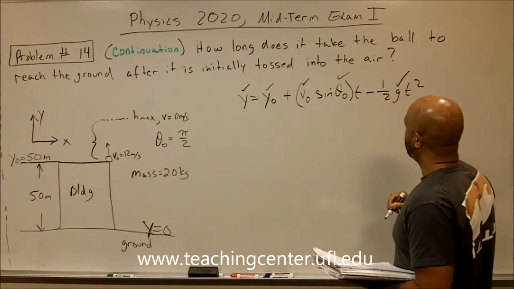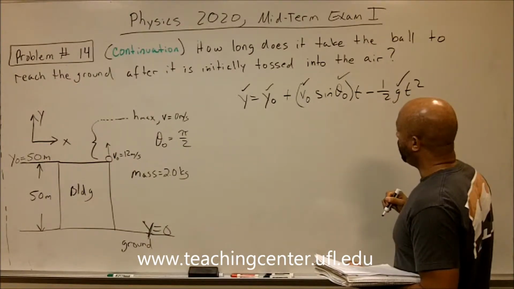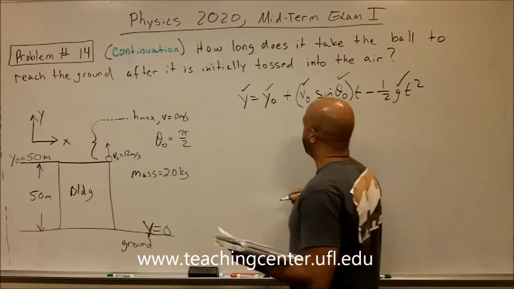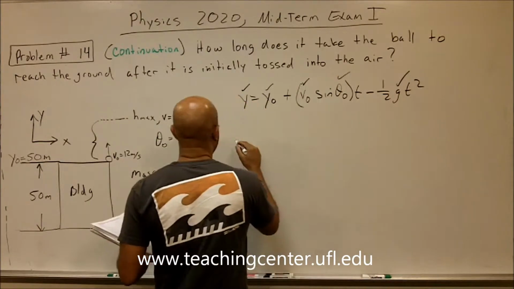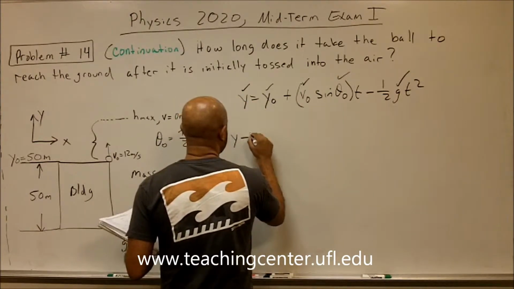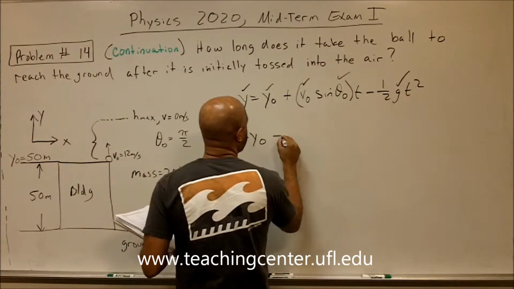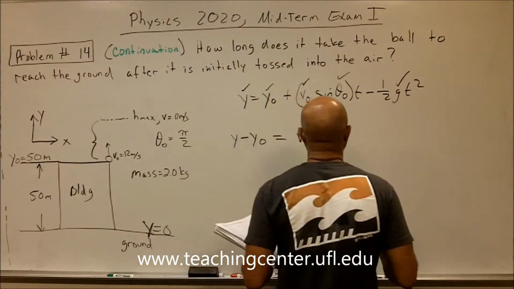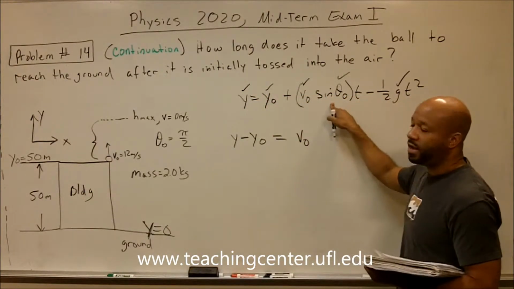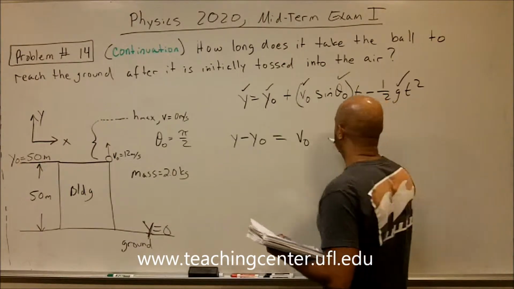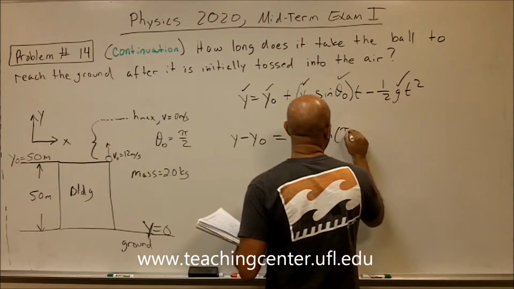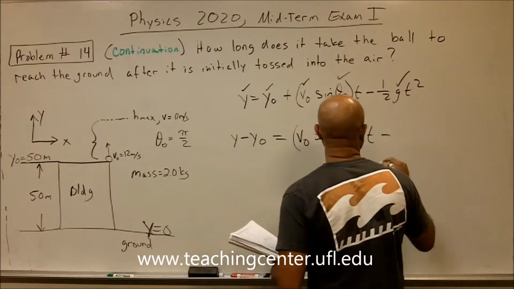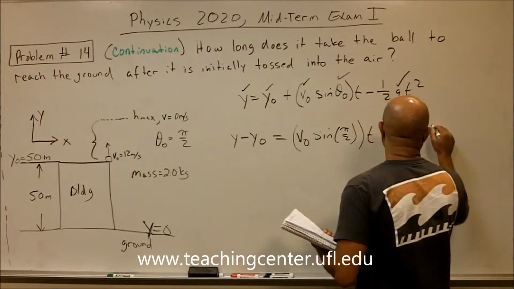all right, let's see. We can basically now rearrange this equation so that we get y minus y sub 0 is equal to your initial velocity times the sine of theta, so that would be the sine of pi over 2, times t minus 1/2 gt squared.